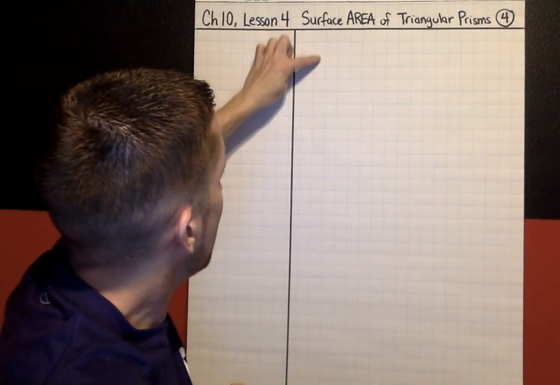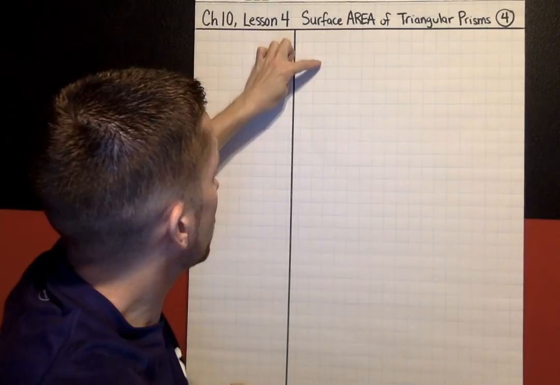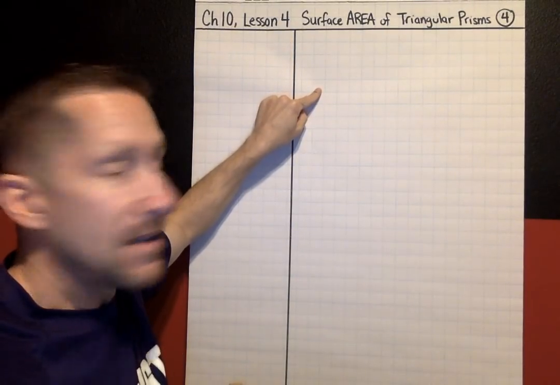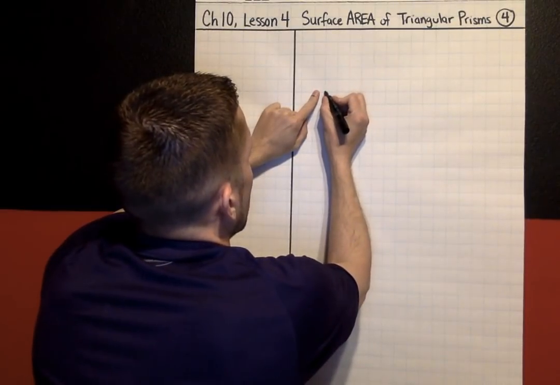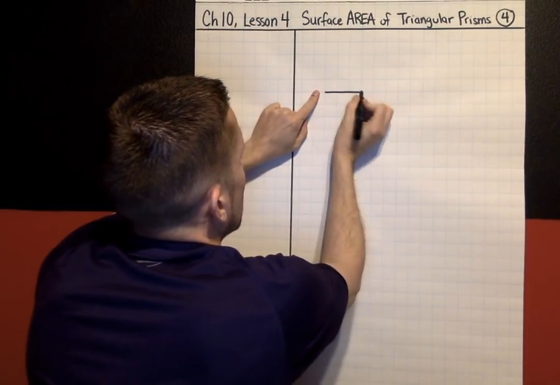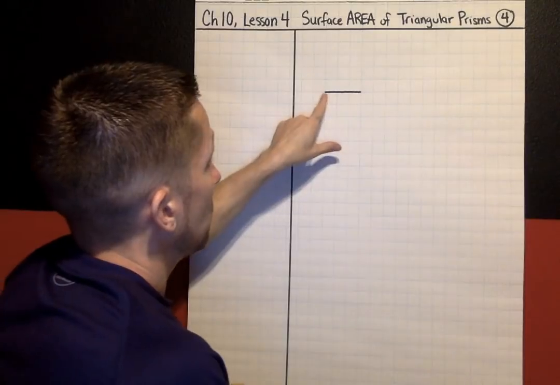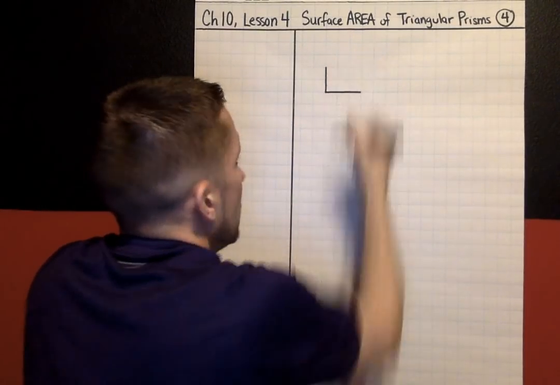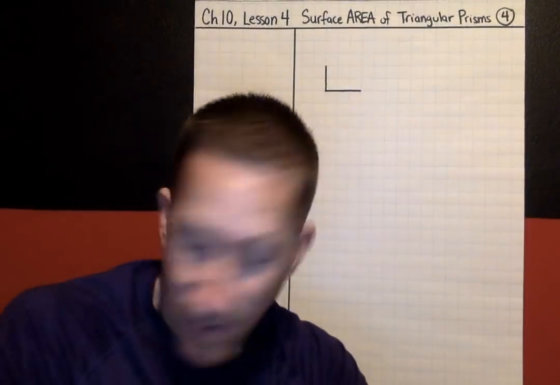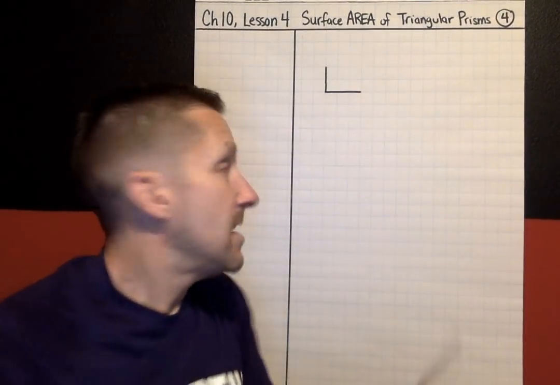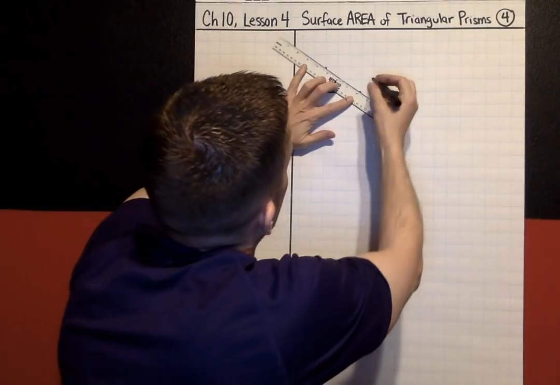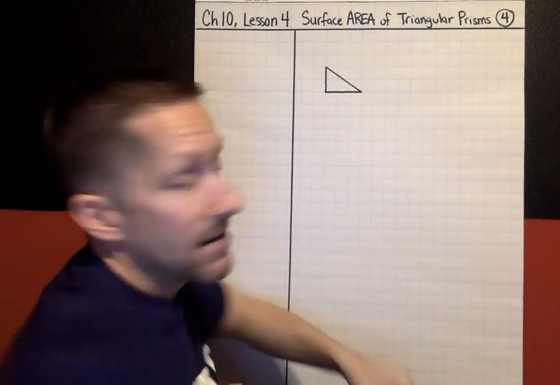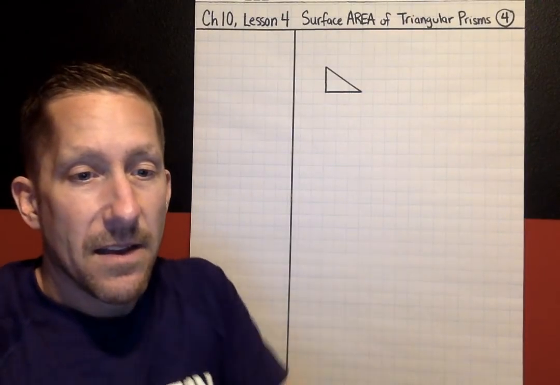I'm going to come down 5 squares, and I'm going to make a triangle that is 3 units across, 1, 2, 3, 2 units tall. And then I'm going to find a ruler, and I'm going to connect that line right there. So I've made a triangle.